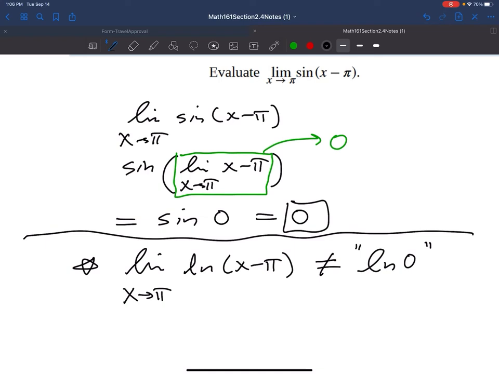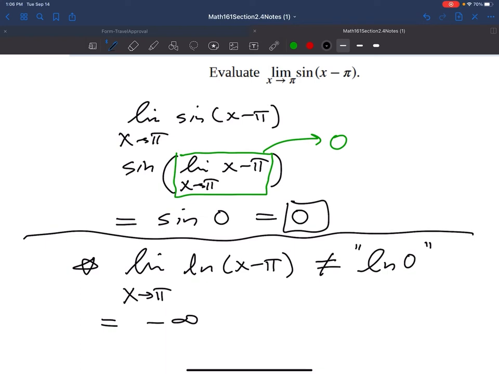Now, it turns out that we can think about this problem and find an answer to this. But the theorem we're using above does not apply, because if you plug the natural log of 0 into your calculator, you get an error. So this limit is actually technically going to equal negative infinity, but that's a longer story.